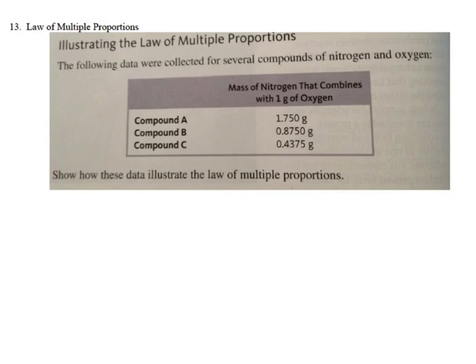What we see here is data of nitrogen and oxygen: the mass of nitrogen that is combined with 1 gram of oxygen. Each one of these compounds has nitrogen combined with 1 gram of oxygen.